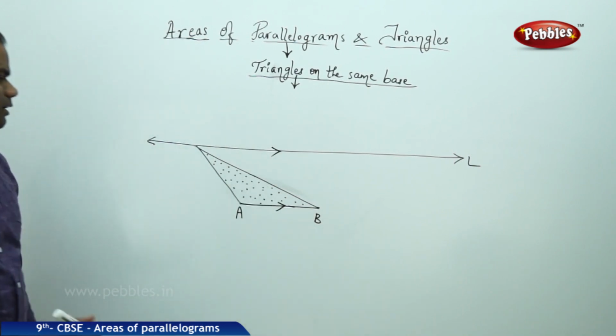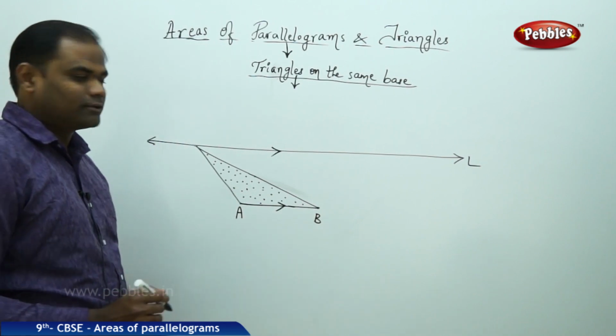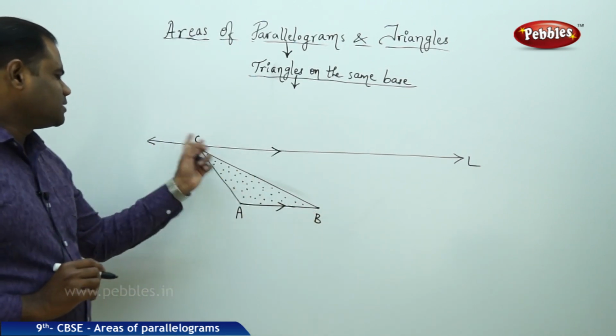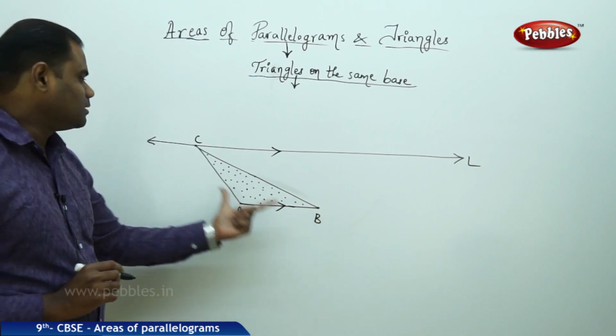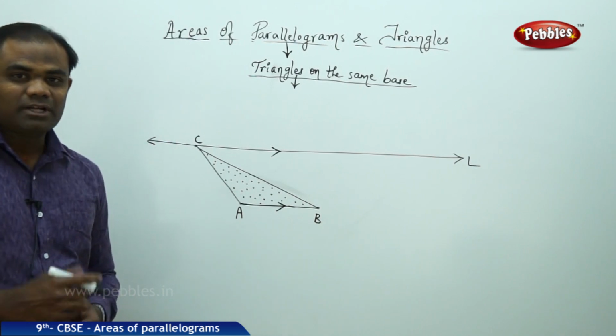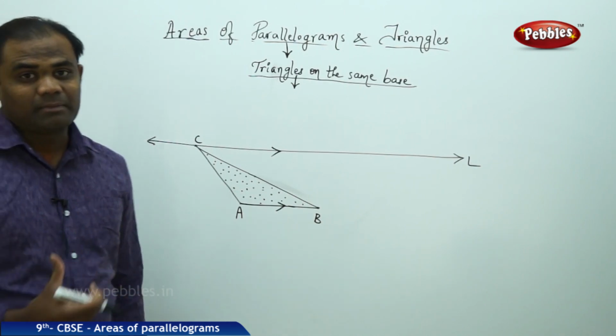So this is the first triangle which connects the line L with point C. So ABC is a triangle with the same base AB and between the parallel line L and AB. So let me take one more triangle in a similar manner.